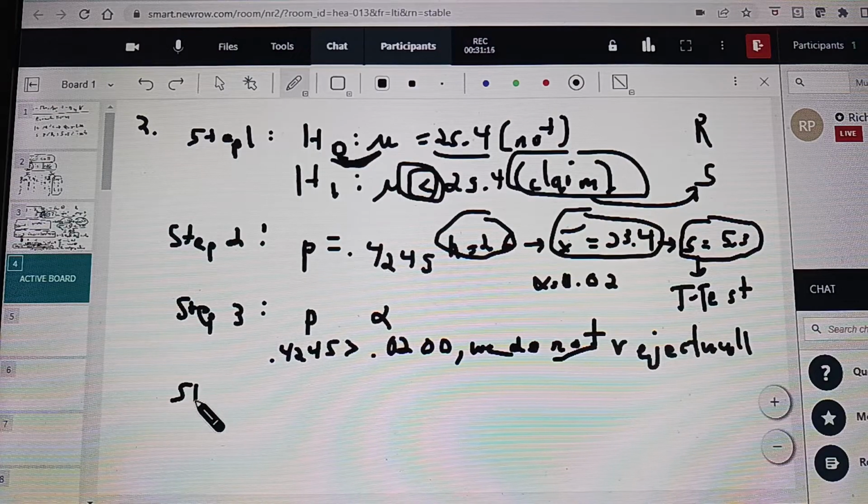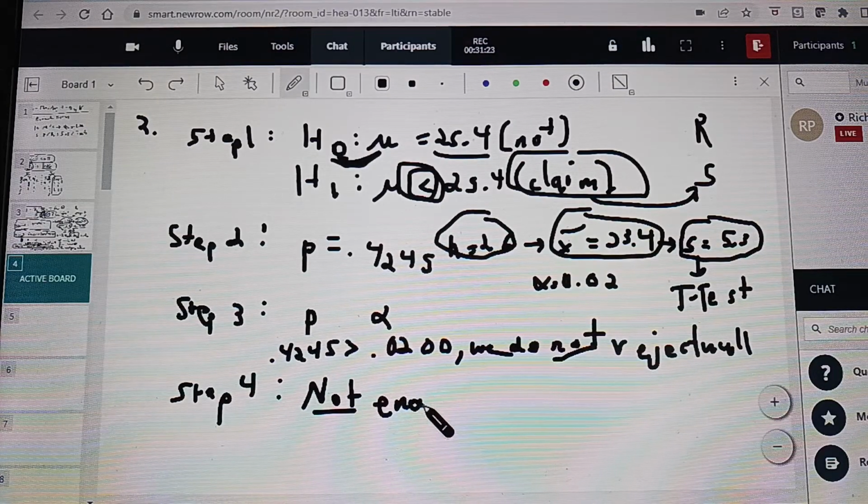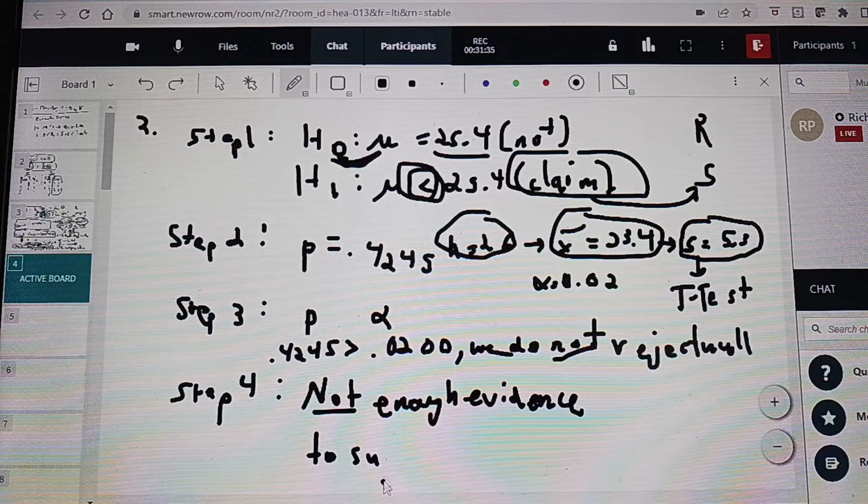So our step 4 then would be not enough evidence, because step 3 was do not reject the null. Not enough evidence, but we're still going to say to support the claim. We were trying to support the claim that it was less, but even though our sample was less, it wasn't less enough.